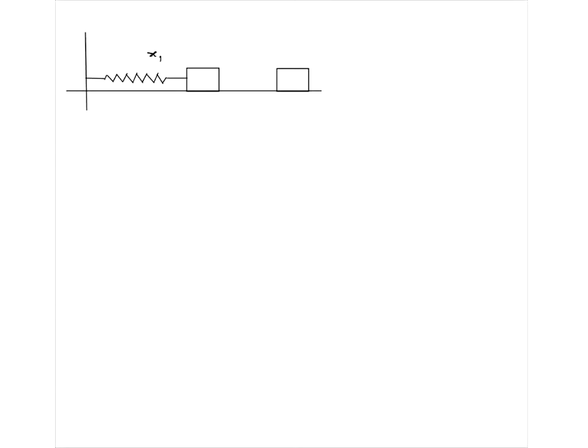X1 is already some elongation, right? And we want to take it by some further elongation, so that finally it is L plus x2. That means we have pulled it further by x2 minus x1.